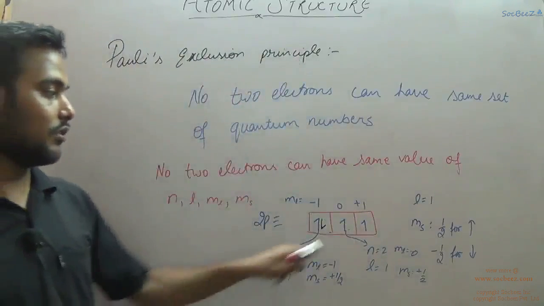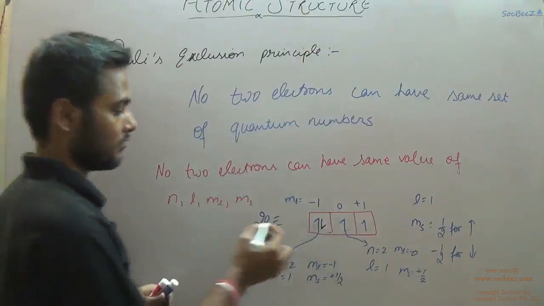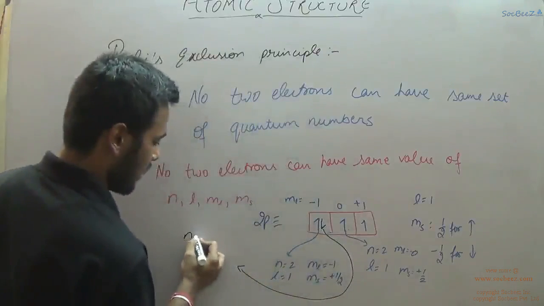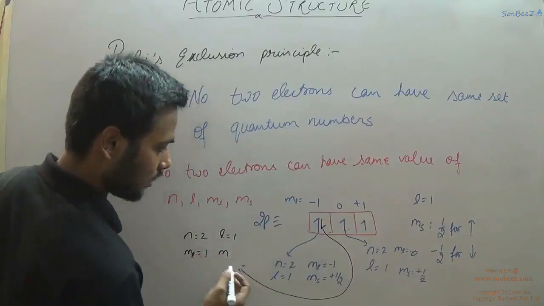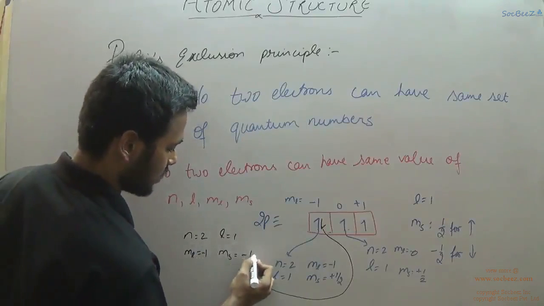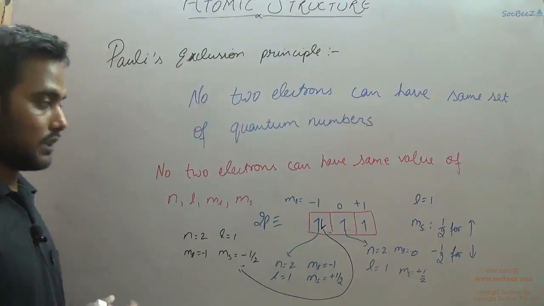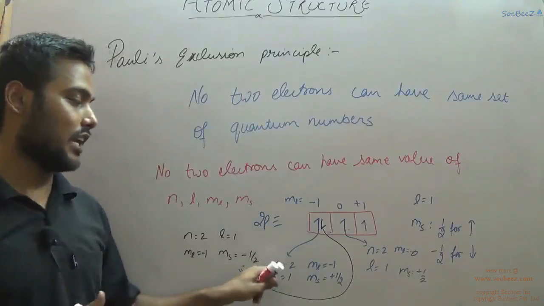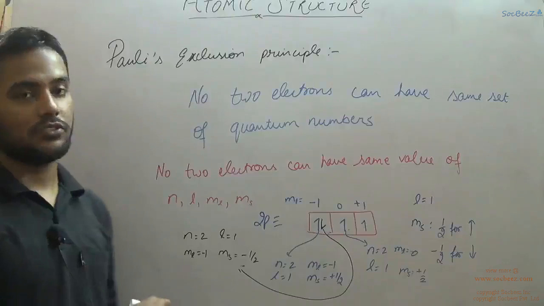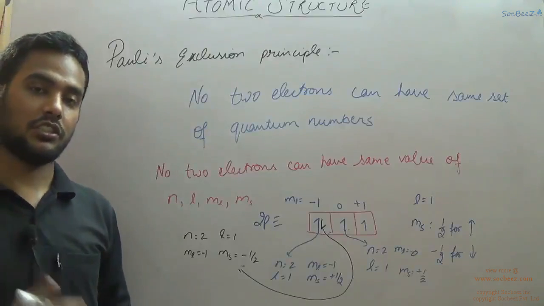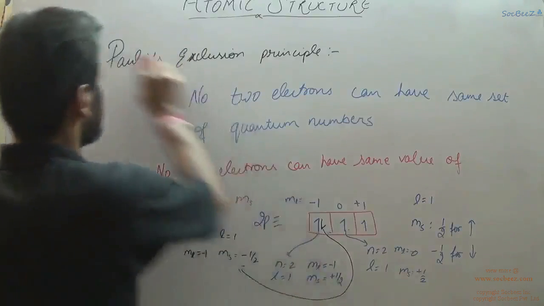For this electron, n is 2, l is 1, ml is -1 and ms is -half. So these are the principles followed while writing the electronic configuration of any atom. We are going to write some electronic configurations of atoms.